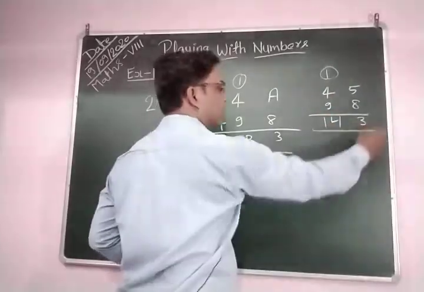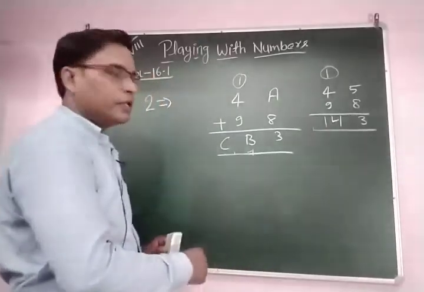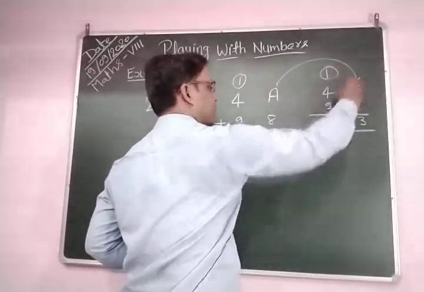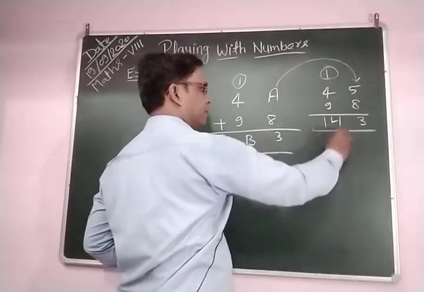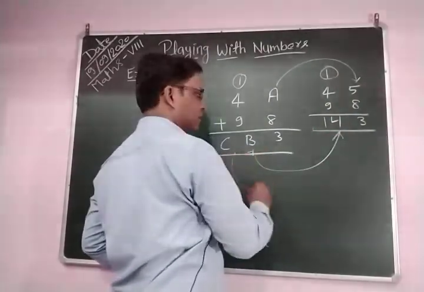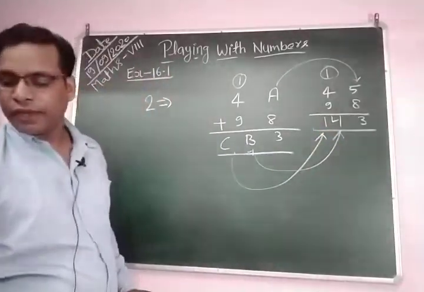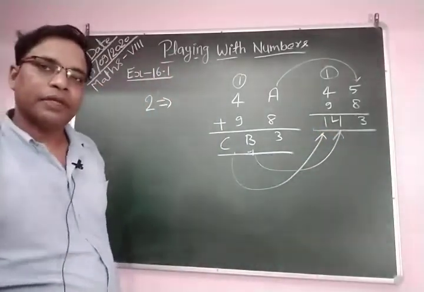Clear? This is equal to 14. Okay. So you can see this is the place of A replaced by 5, B replaced by 4, and C replaced by 1. In this way, we find the letters.